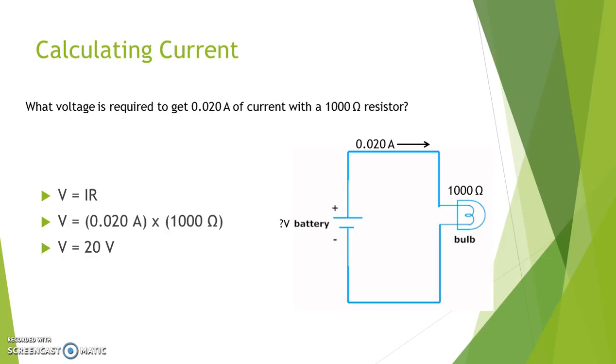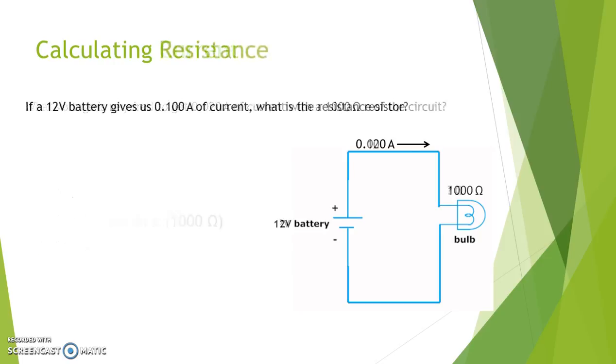Okay, the other type of calculation we can see is where we know the voltage, we know the current, and we want to know the resistance. So this kind of question will sound like this. If a 12 volt battery gives us 0.1 amps of current, what's the resistance of the circuit? And again, we rearrange our equation.